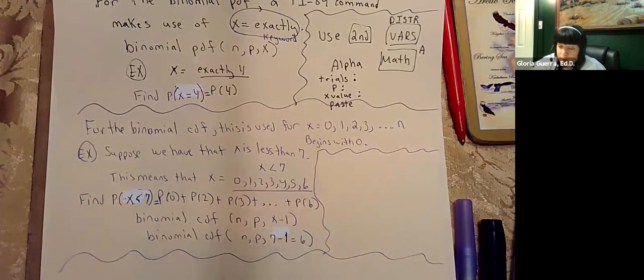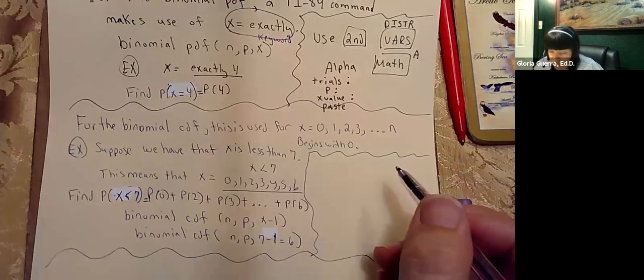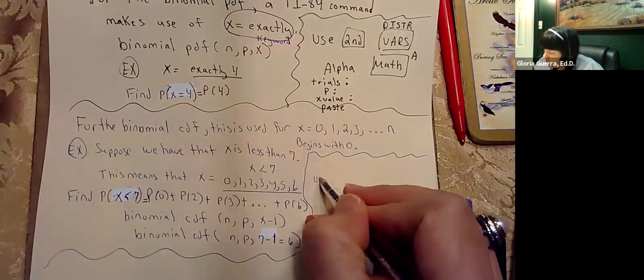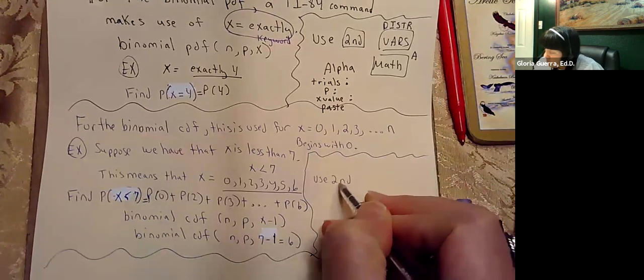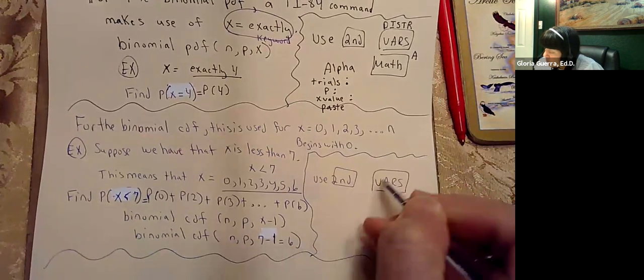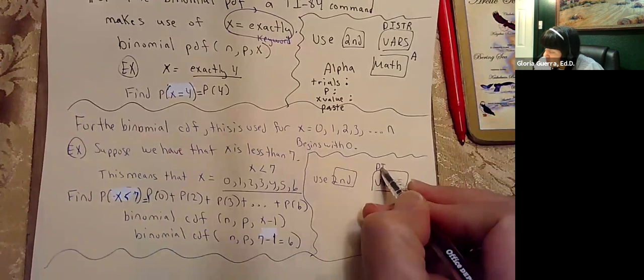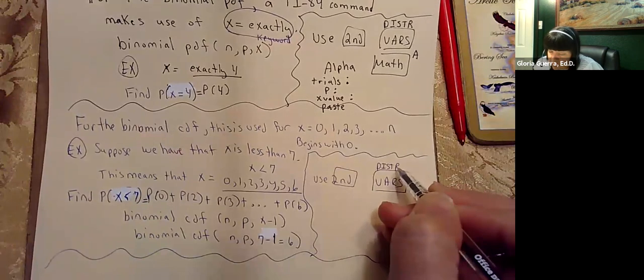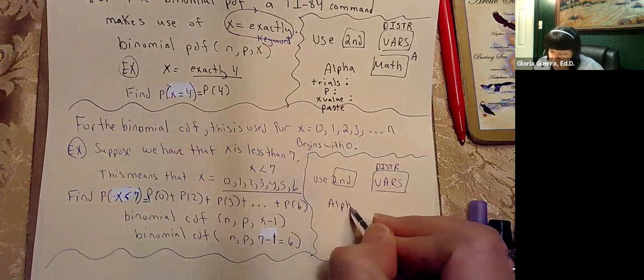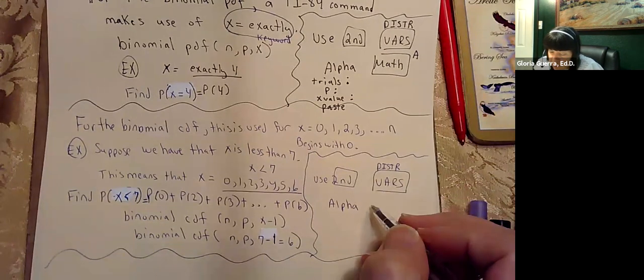Okay. And we would use 2nd VARS, like they all use 2nd VARS here to get to the distributions. But then you go to alpha, and then you want apps.